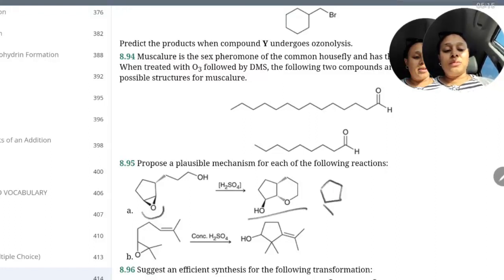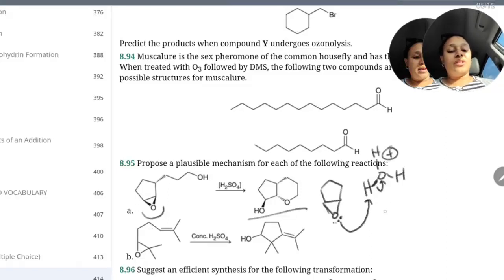So I know that under acidic conditions, I'm going to draw my H3O plus. You could draw it from sulfuric acid directly, it's fine. And then we draw in our lone pairs, right? Because we always draw from lone pairs. Take away our proton, give it to the oxygen.